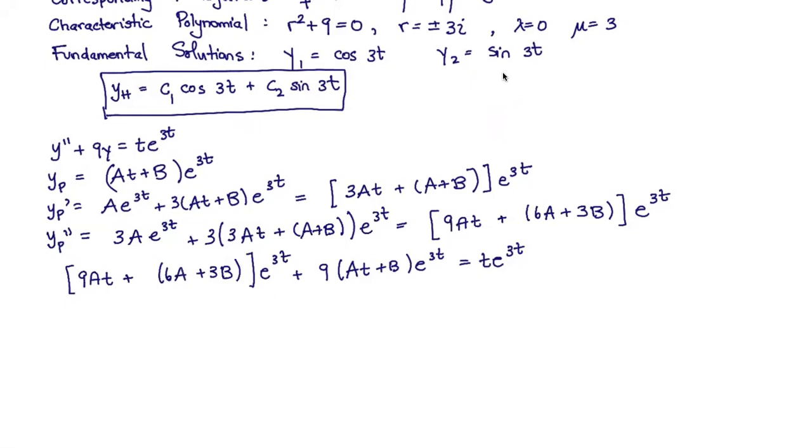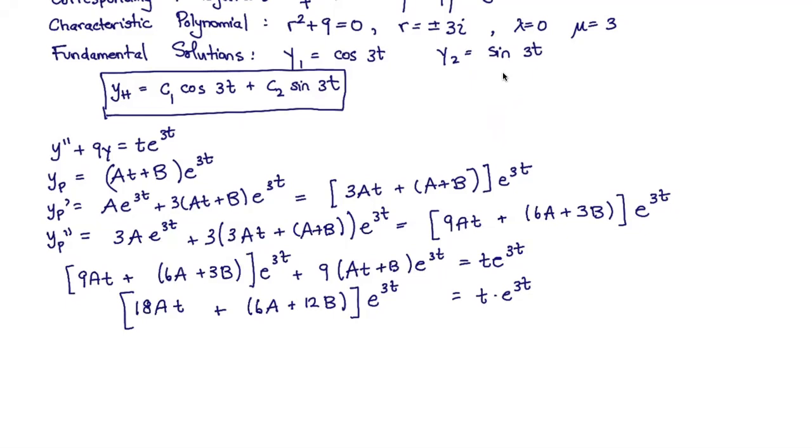If we go ahead and combine our like terms, you will find that we will end up with 18at plus 6a plus 12b, all times e to the 3t, and this must equal t times e to the 3t.